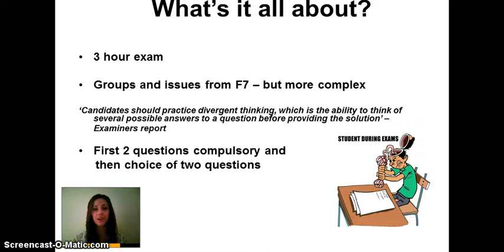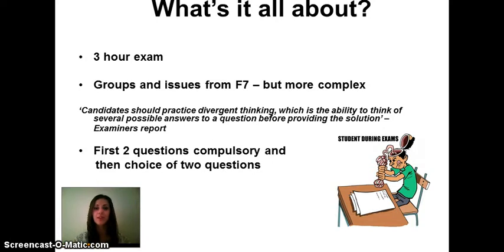So the first two questions of the exam are compulsory. The first one is going to be your big one and it deals with consolidation accounting. And then you have a choice after this. Some people are thinking this is a really good thing that you have a choice, because obviously if there's a question that you're not completely comfortable with, you don't then have to do it.